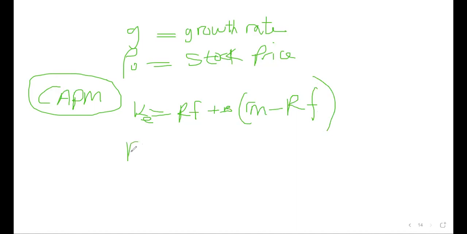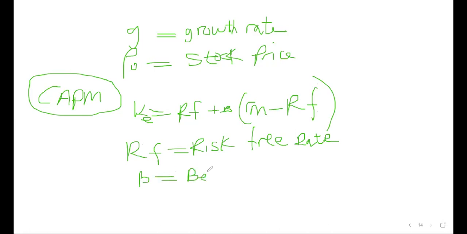So this one is the risk-free rate, this one is the beta, and RM is the market return.